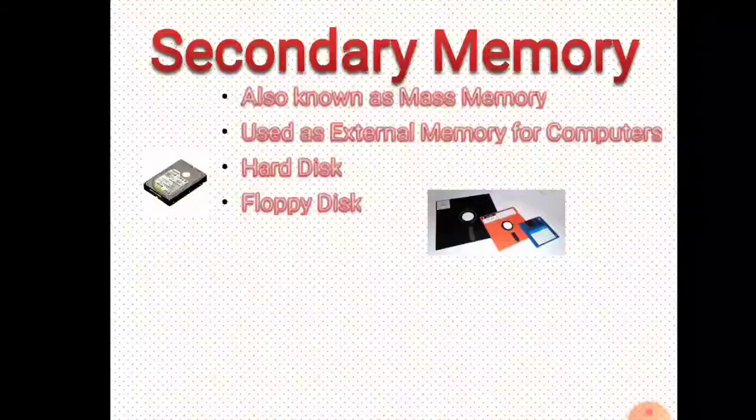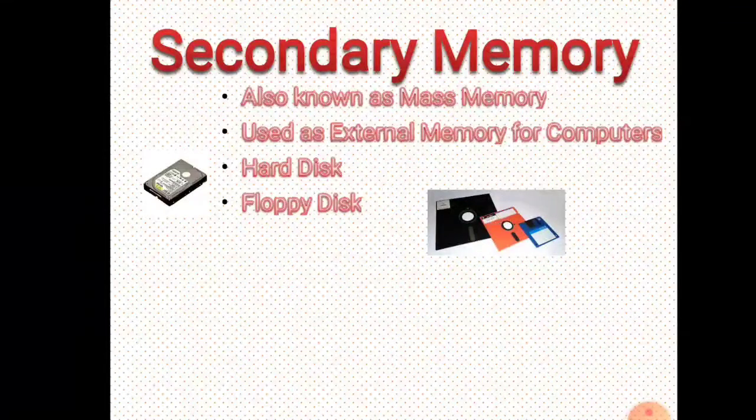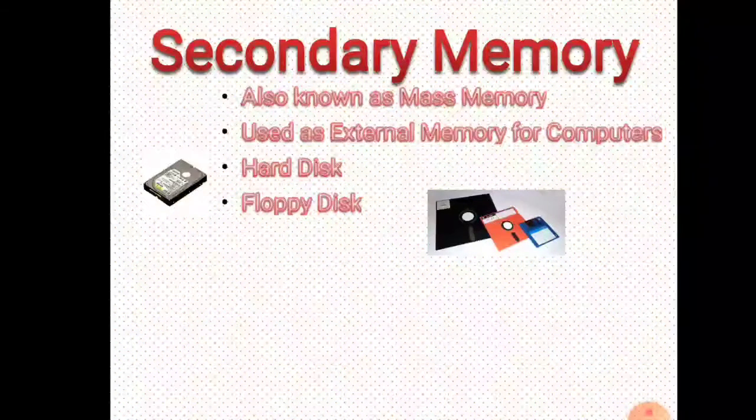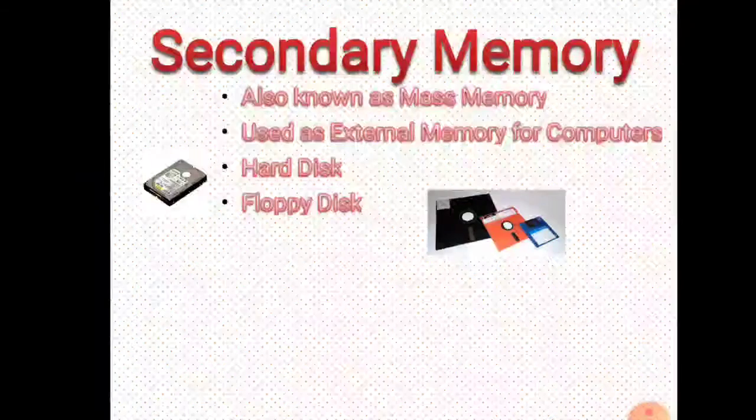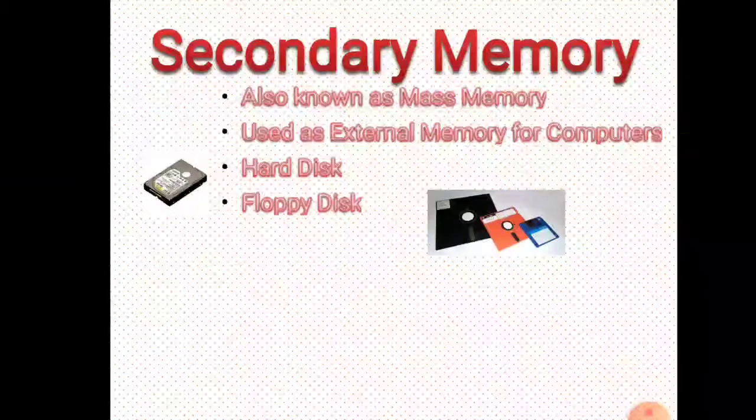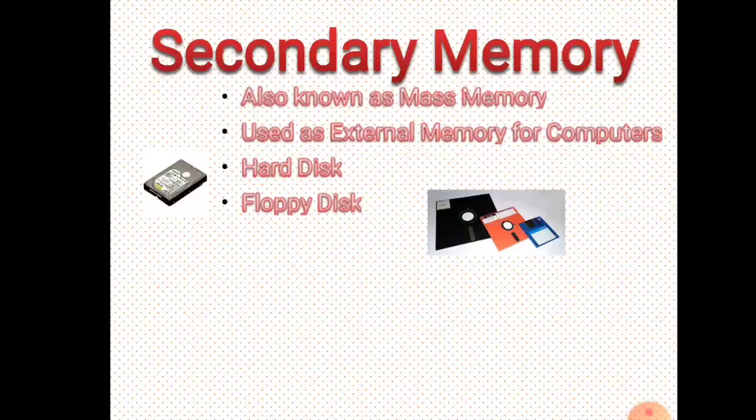The storage capacity was also less. Only 1.44 MB of data you could store, roughly 1.4 MB, in this type of floppy. That is why we are not using them nowadays.